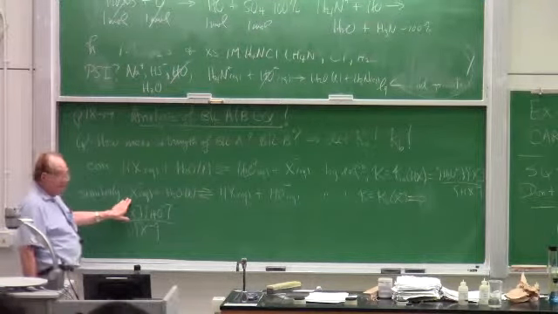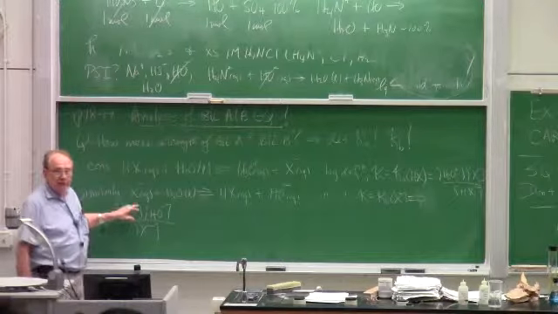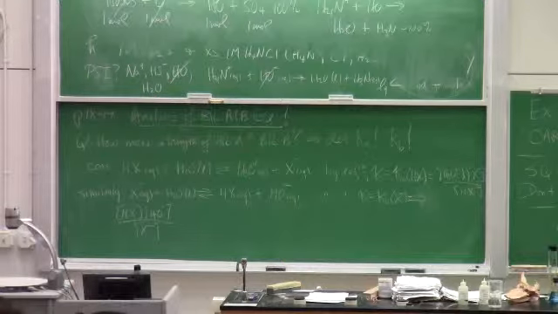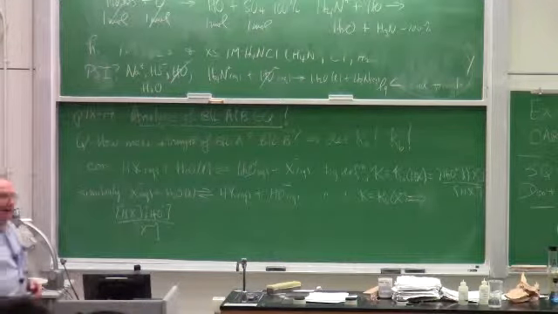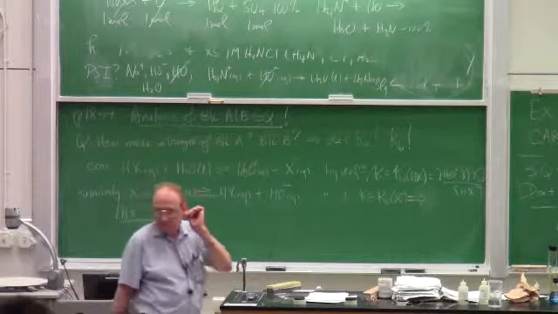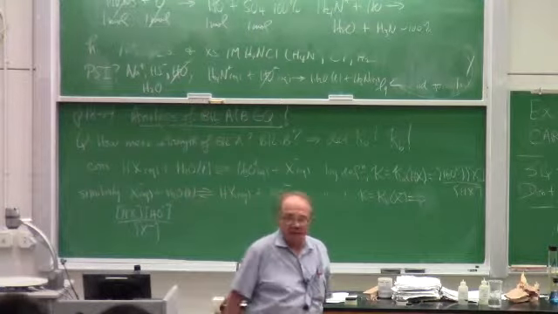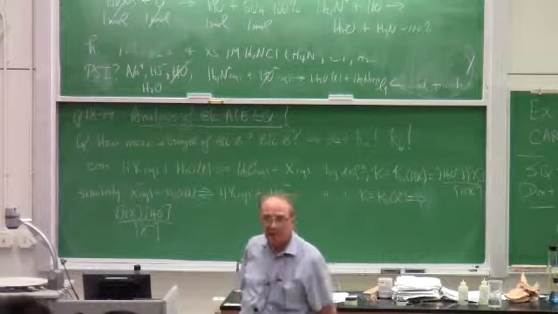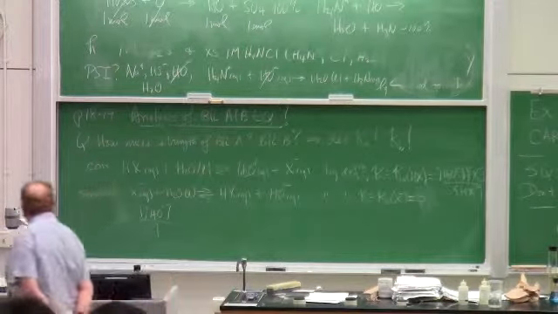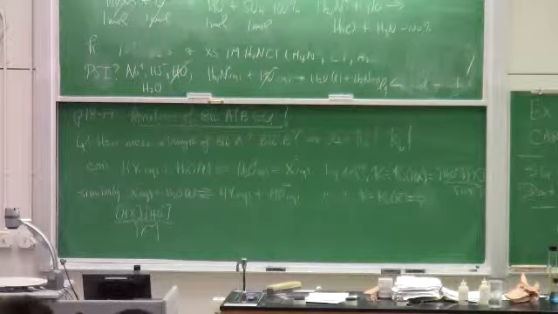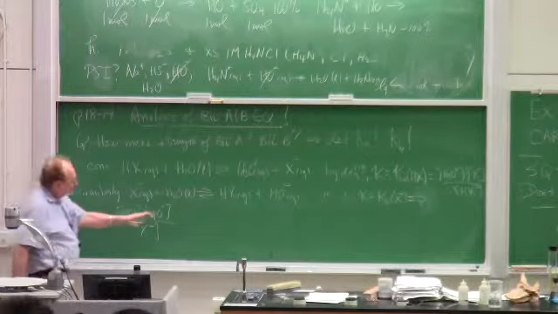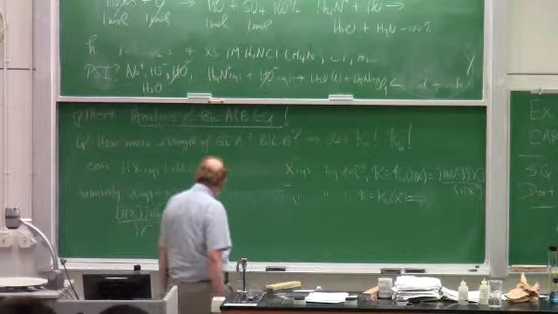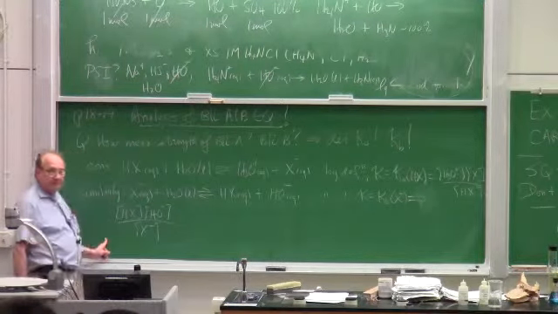Similarly, Kb, a measure of the ability, the strength of a Bronsted base to react with what? Water, the solvent, all the time. And in this case, produce hydroxide ion and the conjugate acid of the reacting base. So for X minus, the conjugate base of HX, the K value for this equilibrium is, by definition, Kb for X minus, which I've written over here.